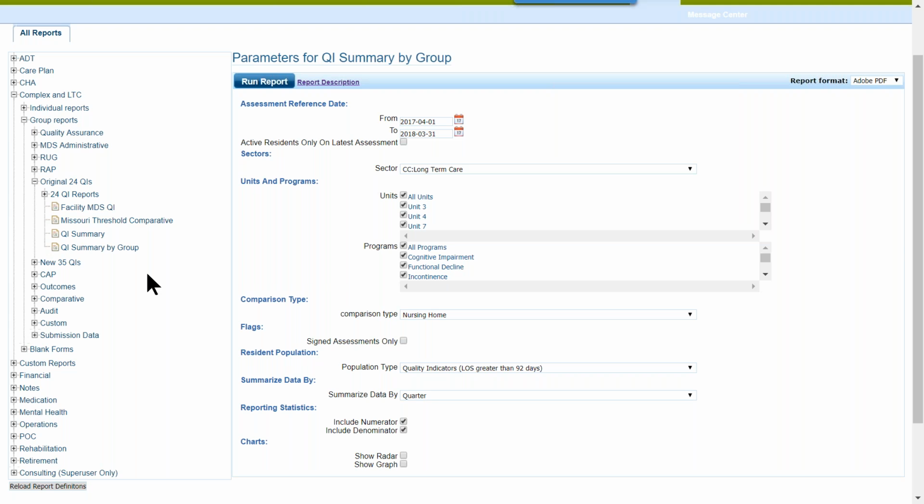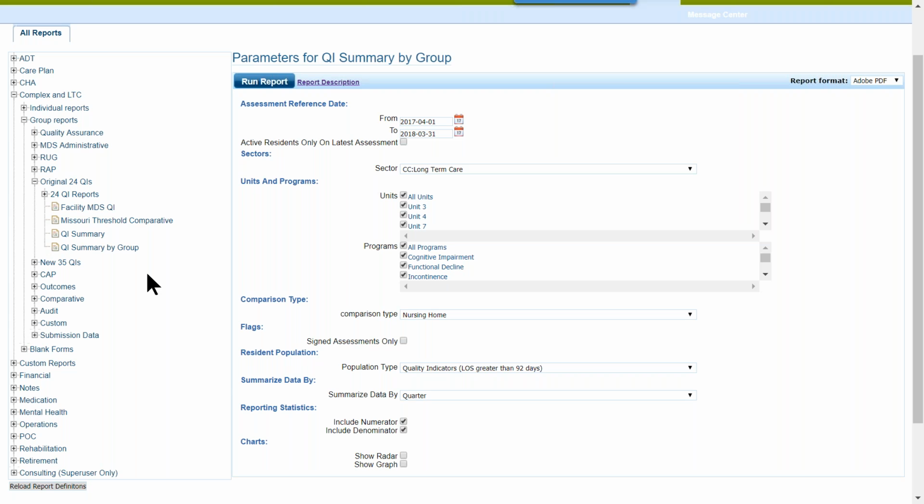I like the 24 QIs because it does not exclude as many people as this 35 does. It also gives me 2 different reports, one for my new residents, that is less than 3 months, and then a second report, which shows me people who have been in the building 3 months or more.